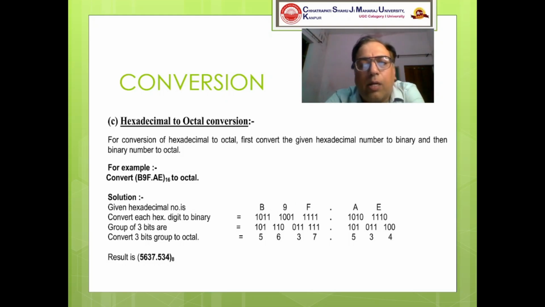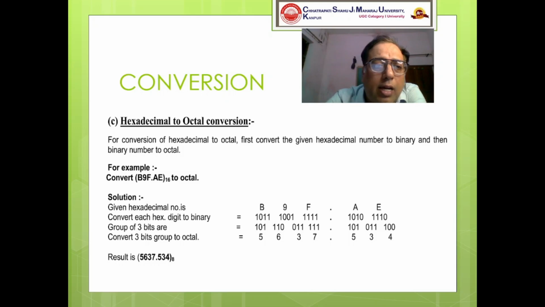Now, hexadecimal to octal conversion. Hexadecimal to octal conversion is similar to the octal to hexadecimal conversion. The only difference is that here the hexadecimal number is first converted to 4-bit binary. Then we bunch them up, do the 3-bit binary grouping, and take out the octal form from that.